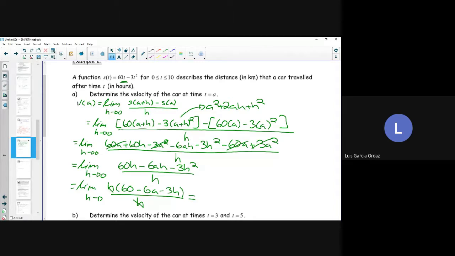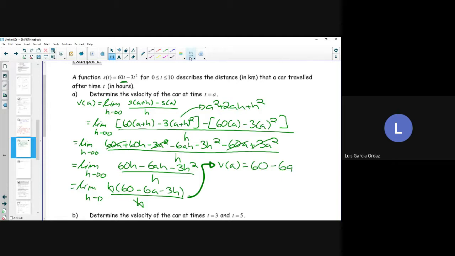And what would my v of a give us as our final answer? So when I sub in 0 for h, what would my velocity equation be? Thank you, Priyanshu. 60 minus 6a.